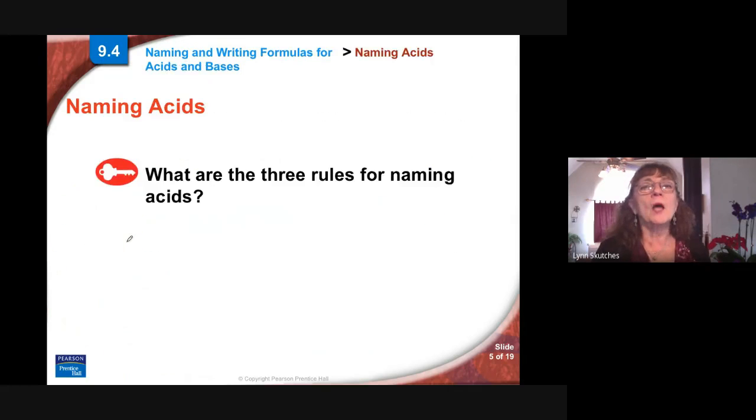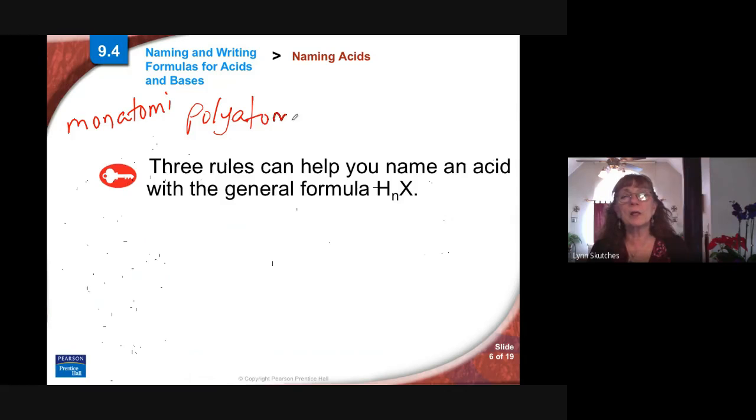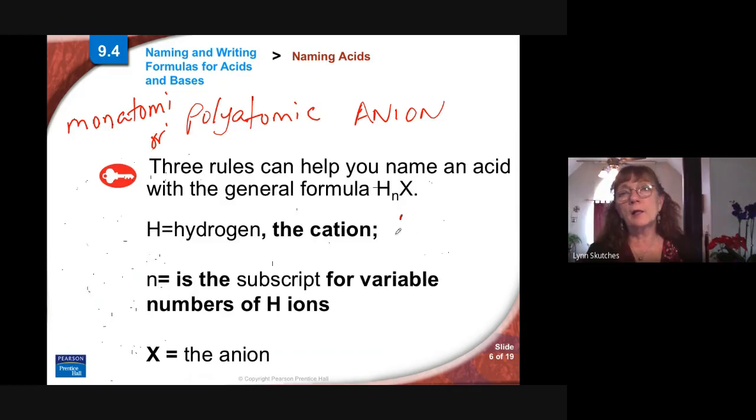All right, 3 rules. All depend upon the monatomic or polyatomic anion, okay? How we name acids. So the formula is H sub N with an X. The H is the cation, always hydrogen.